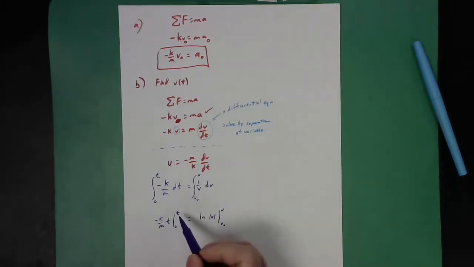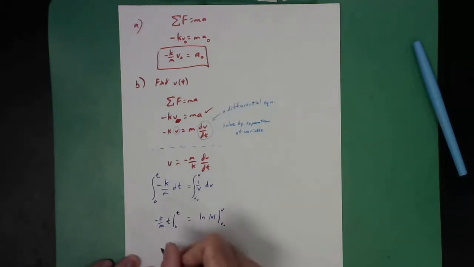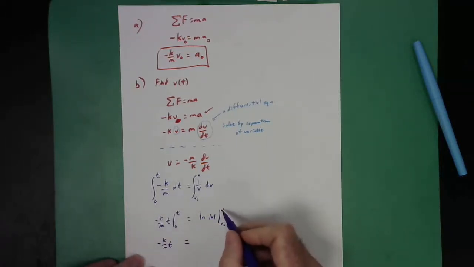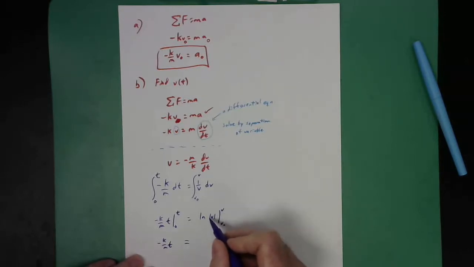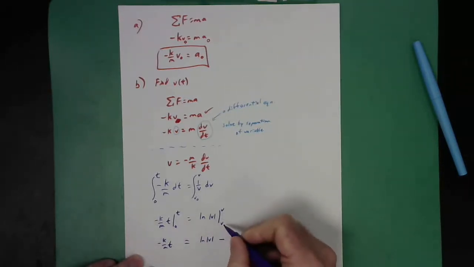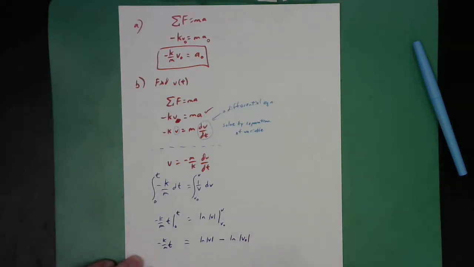When I evaluate this, I put the final bound in minus what I get when I put the initial bound in for t. Putting t in for t, that's just this -k over m t. Putting a 0 for t, that would just be 0. So it's just that. On the other side, final minus initial: put the final v in, that'll be natural log absolute value of v, minus when I put the lower bound in, v naught, natural log absolute value of v naught.